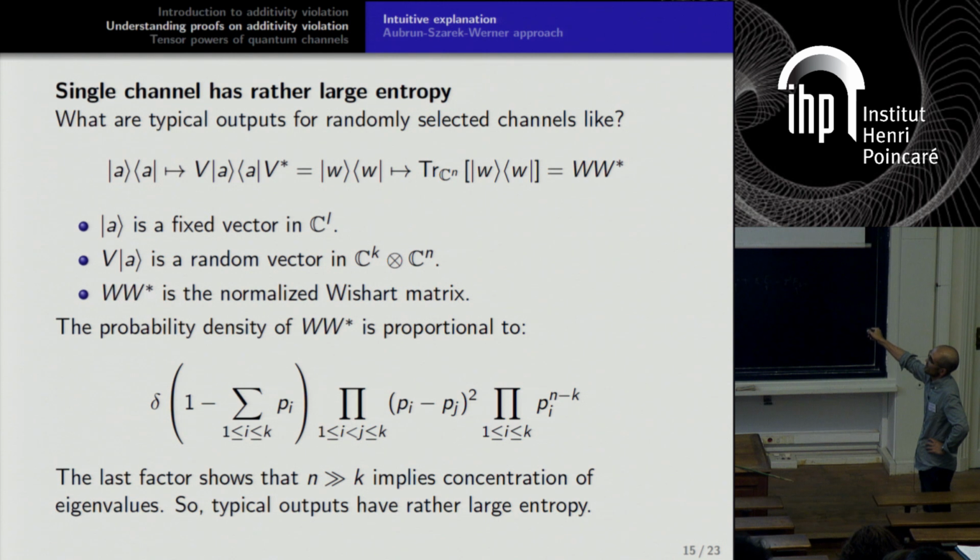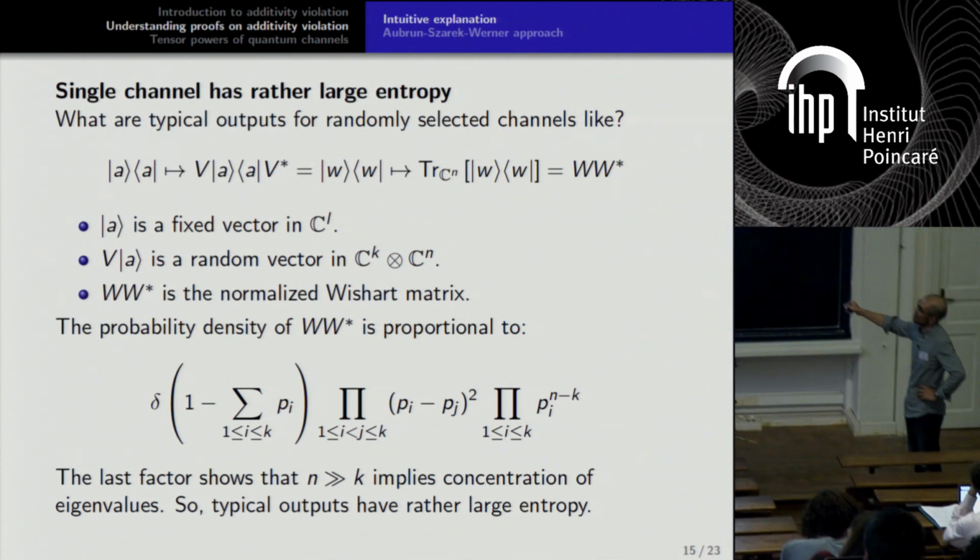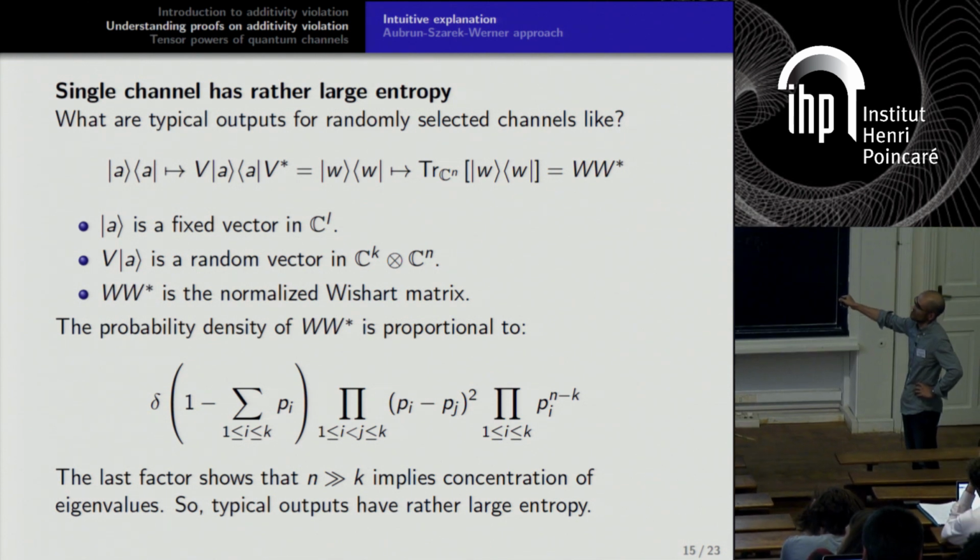Then we think about the eigenvalue distribution of this Wishart matrix, and it can be written this way. This is a normalization: eigenvalues should sum up to 1. The important part is here. This is just a square, so this is also important. Somehow eigenvalues are repelling each other, which is also interesting, but this part is more interesting today.